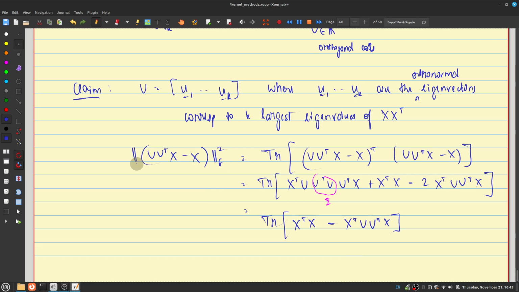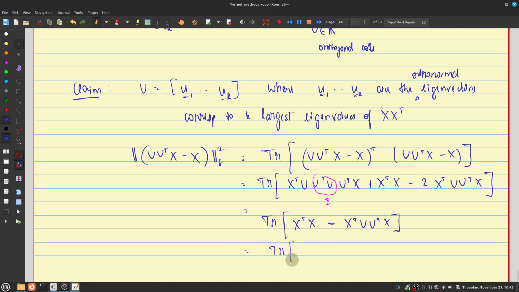Now what is the goal? The goal is to find that U which minimizes this particular quantity, right? Again it's a trace of a sum of matrices, that's equal to the sum of the traces of these two matrices.